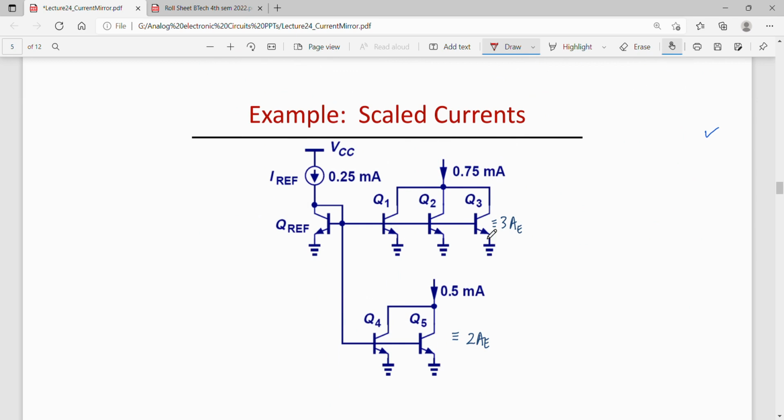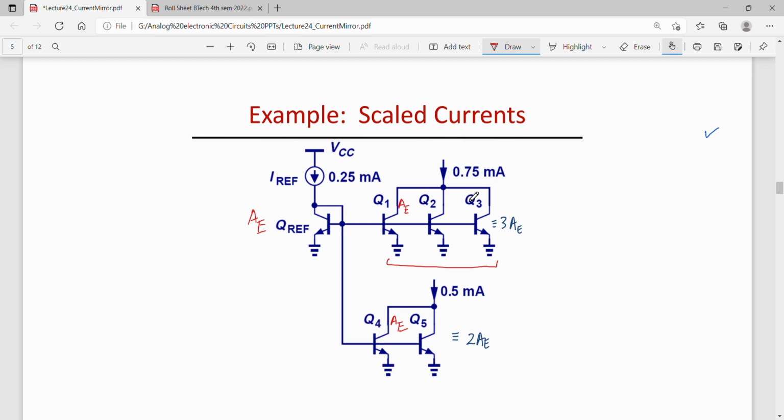Let us take some examples on the scaled currents. Here the emitter area is AE for the reference transistor, and all these transistors Q1, Q2, Q3, Q4, Q5 have emitter area of AE.